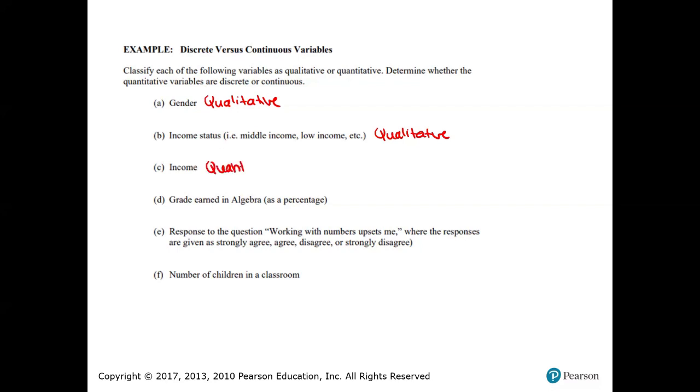So that is quantitative. And your income is a value that is calculated based off of all of your jobs being combined together, expenses, all that. It's a calculated value. So this is continuous. Measurable value.